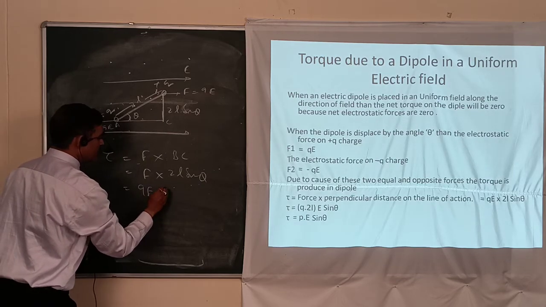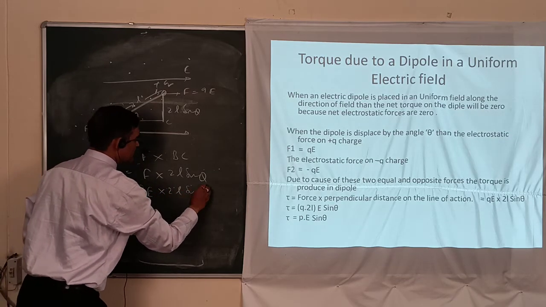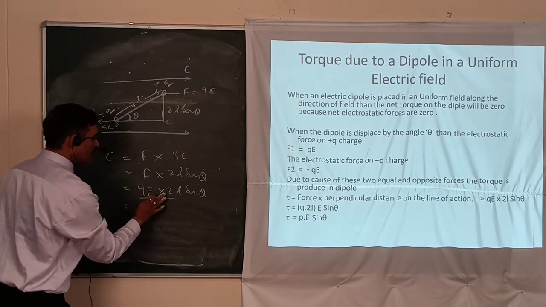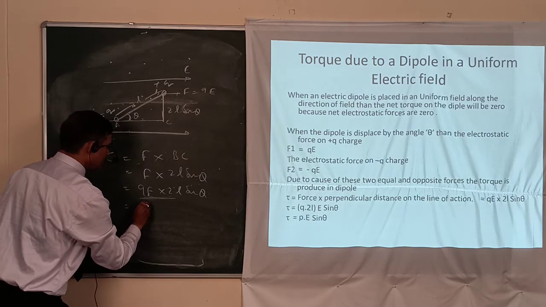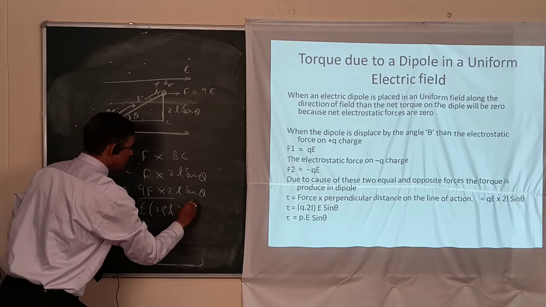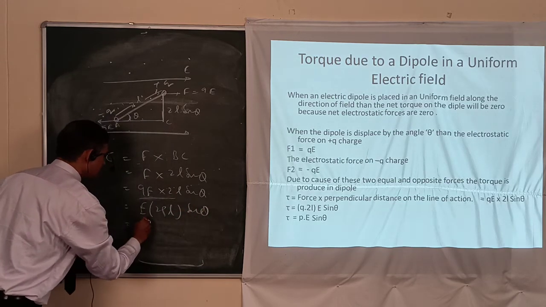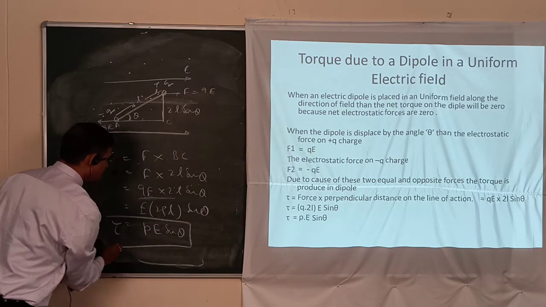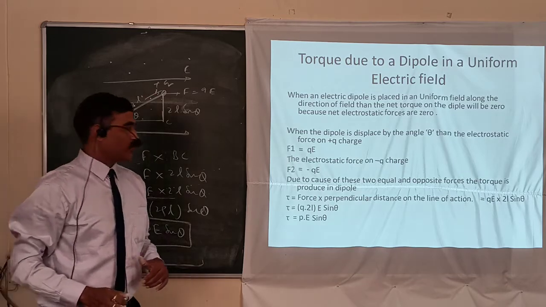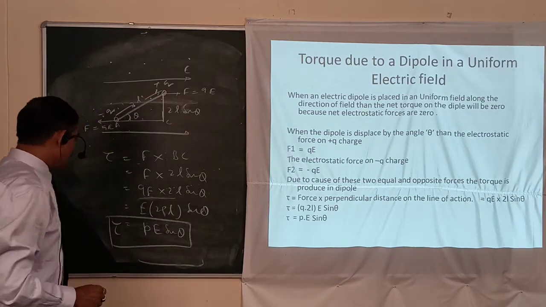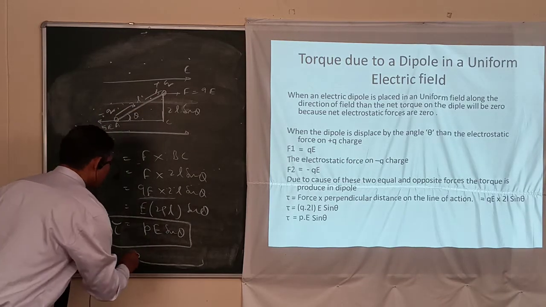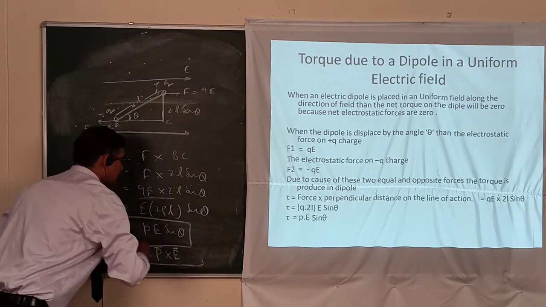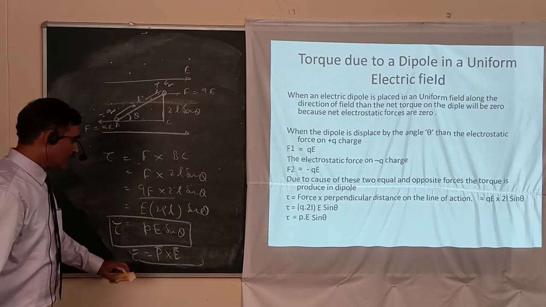So QE into 2L sine theta, which makes E into 2QL into sine theta, and that makes PE sine theta, that is the magnitude of the torque acting on the dipole. This is the relation. If we write it in the vector form, it will be P cross E. This is the vector form of the torque.